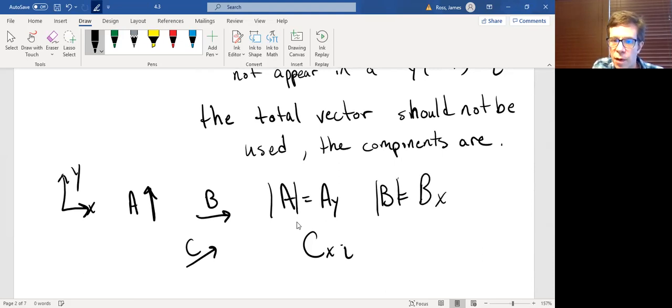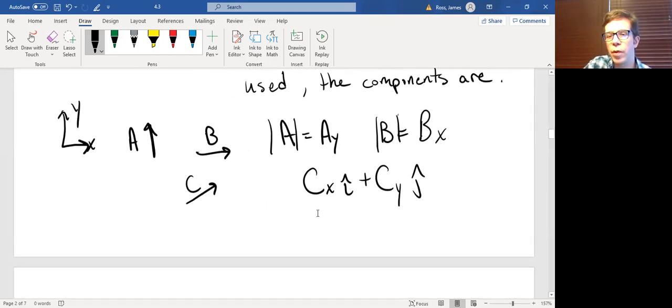You'll have a cx in the x direction and a cy in the y direction, right? Important things to remember, just kind of catch-alls. C is always greater than or equal to one of its components, right? Because it's the hypotenuse. So the only case they're equal is where the other one is 0.